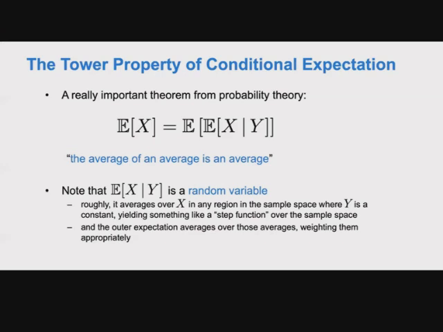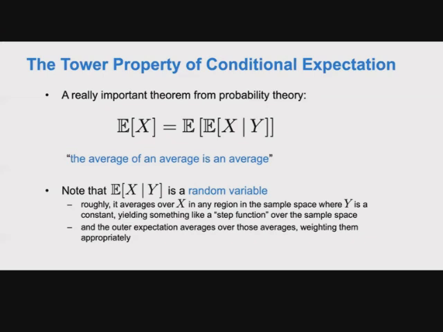And I'm going to do that for every region in the sample space where y is some constant. So I take all the values that y can take on, I map backwards, I average x over that region, and I replace x with its expected value in that region. So now I have a step function that gives you lots of averages for regions where y is constant. So that's what E of x given y is.